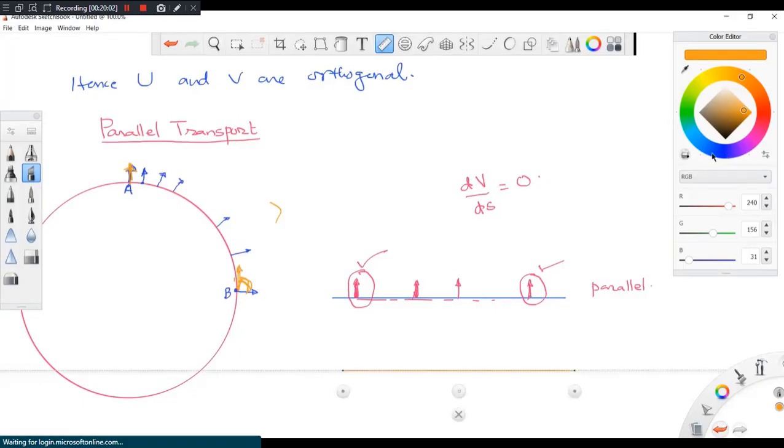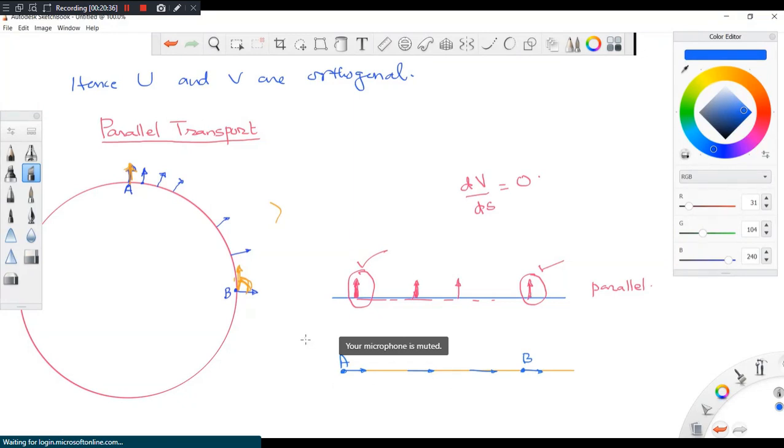One vector I'm considering parallel, so this is parallel to this. I move this here, so it is parallel. So you can see that all these vectors are parallel. I started from this position A, and when I reached this position B, these two vectors are still parallel.